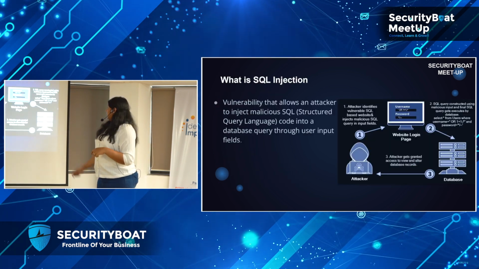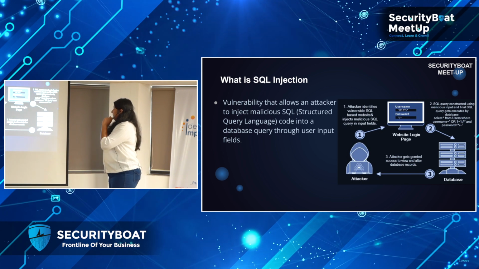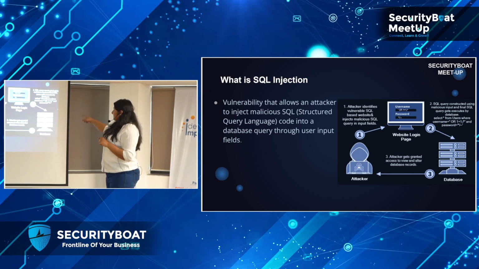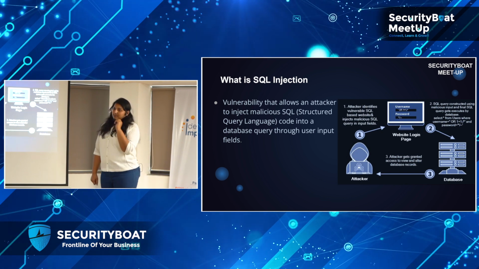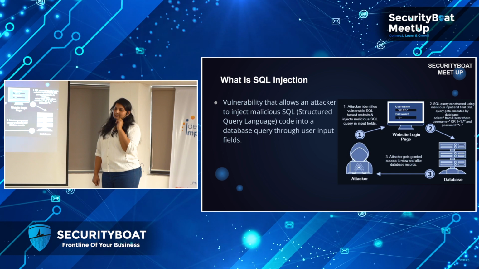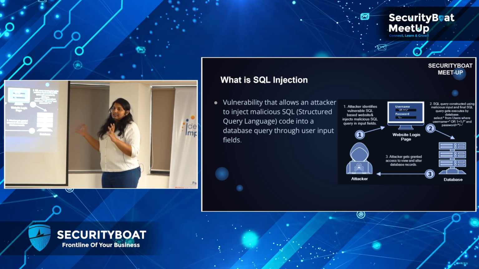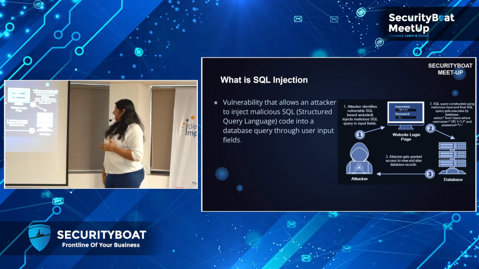So can you just click on the next one? Okay, this is the diagram where you can see the attacker has injected some malicious input in the user field as well as the password. This is again a basic example, but in diagrammatic format.